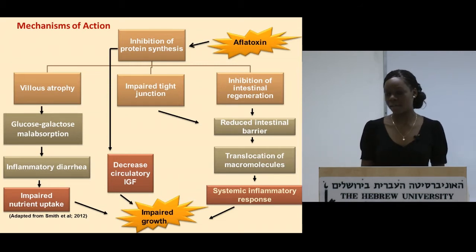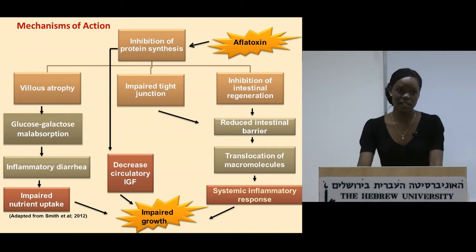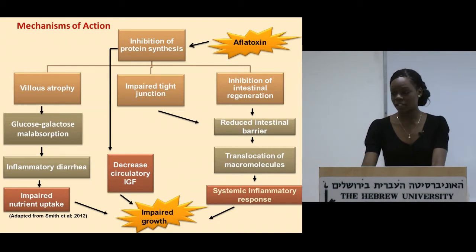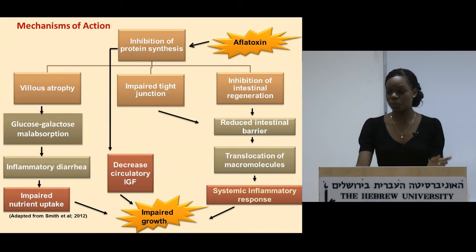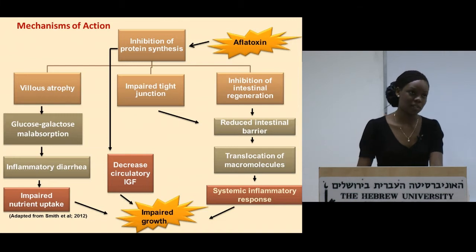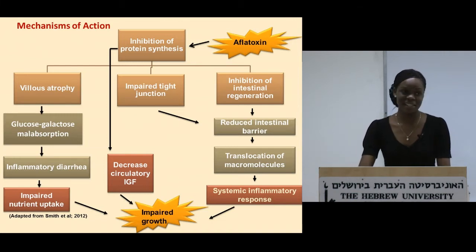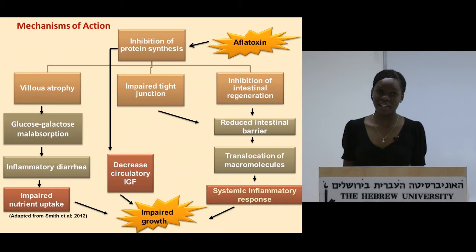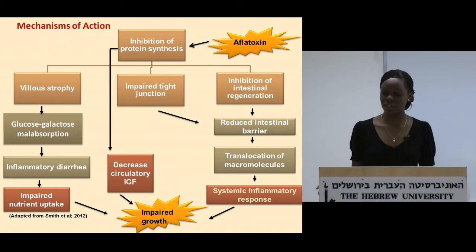And the insulin-like growth factors are proteins in nature. So once we inhibit protein synthesis, we decrease the amount of circulating insulin-like growth factors. And as Fiorenza mentioned in the morning, these insulin-like growth factors play a vital role in elongating the bone. Therefore, it could possibly lead to stunted growth.